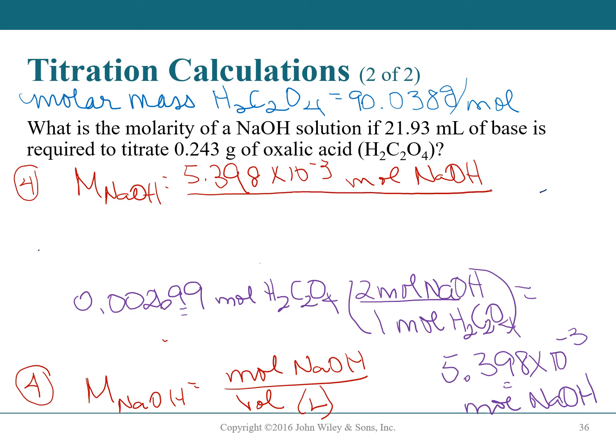Divide this by, that's 3 sig figs, that's 21.93 milliliters. So when we convert, 0.02193 liters of solution.